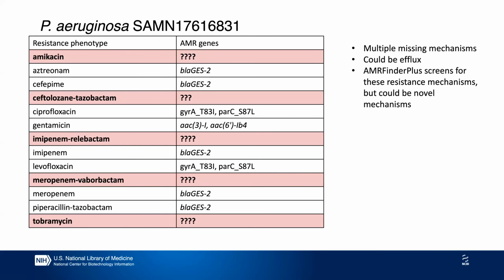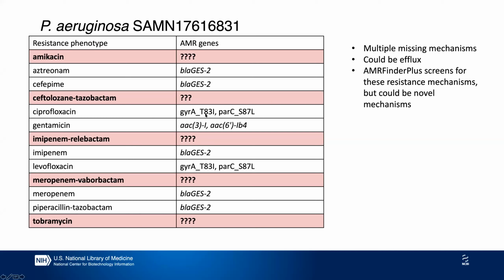Then we get to Pseudomonas aeruginosa, and what's highlighted in red here are all the things that went wrong. Finn asked me to do this, but I think this is actually an important point because it was raised in the first talk. There are things that were successfully predicted. We have the GES beta lactamase, and we see resistance to cephalosporins.